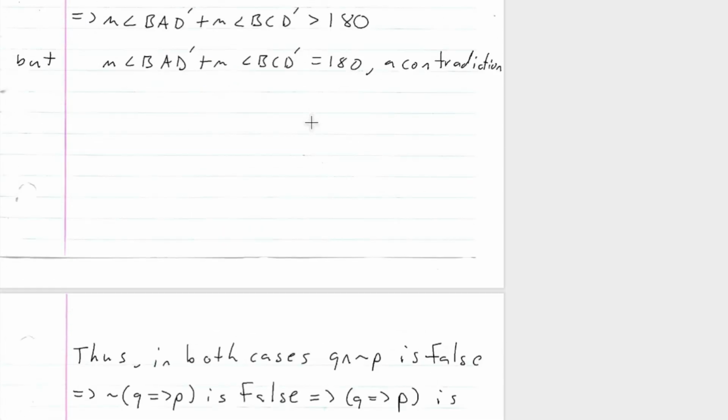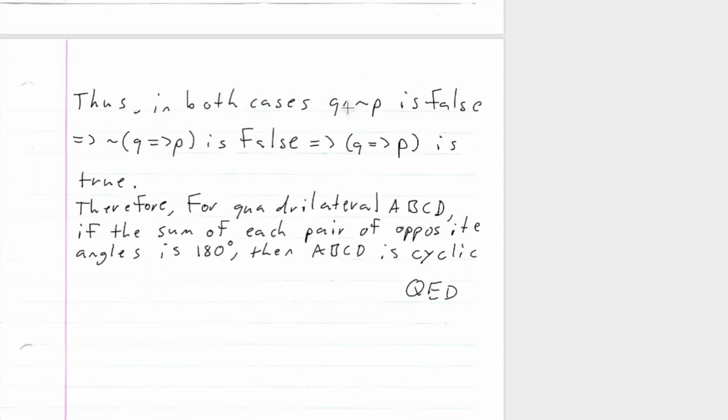So thus, in both cases, Q and not P is false. This implies that the negation of Q implies P is false, which means the original statement Q implies P is true. Therefore, for quadrilateral ABCD, if the sum of each pair of opposite angles is 180, then ABCD must be cyclic.